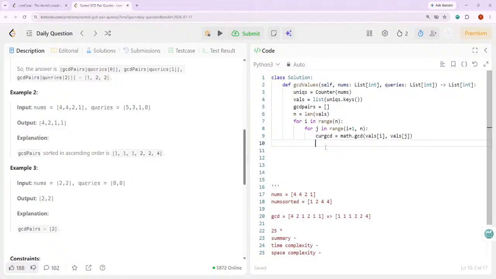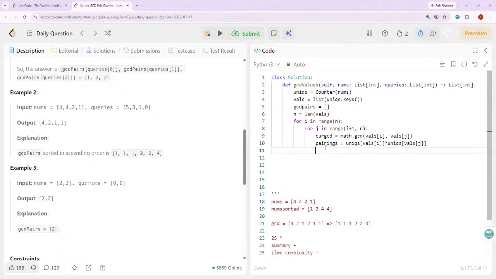So pairings would be uniques of vals at i times uniques of vals at j. The frequency uniques is going to map the value to the frequency. So the value itself is vals at i, vals at j.